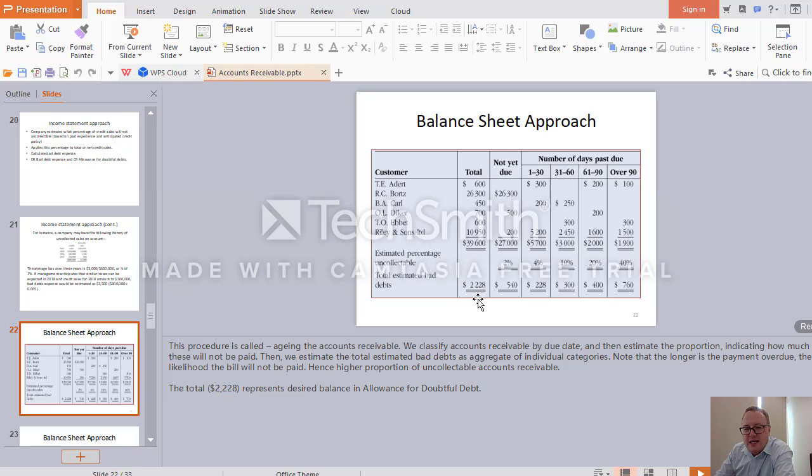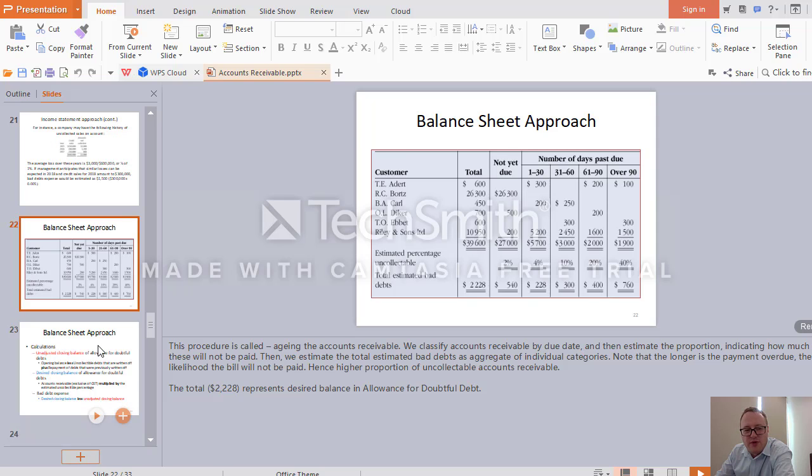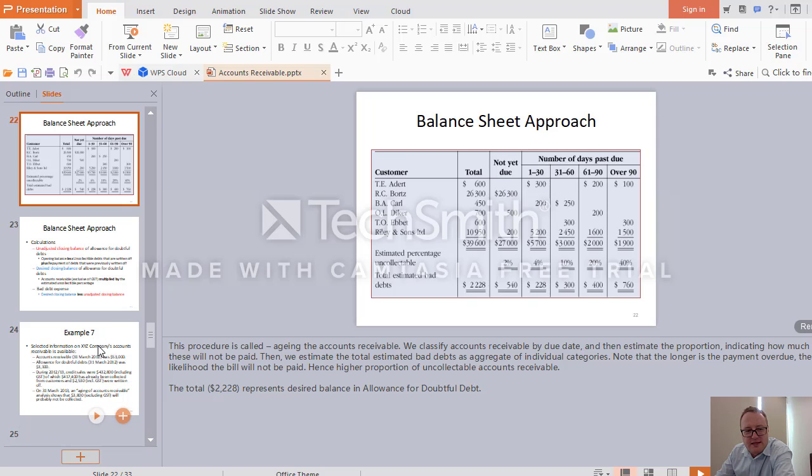Then you can estimate the total bad debts. This is the estimate, of course. So in our case, it will give us the desired balance or closing balance or estimated balance in the allowance for doubtful debts account. Let's have a look here.